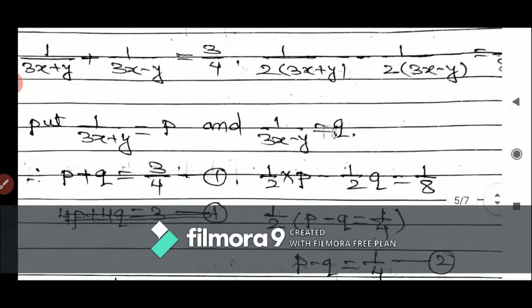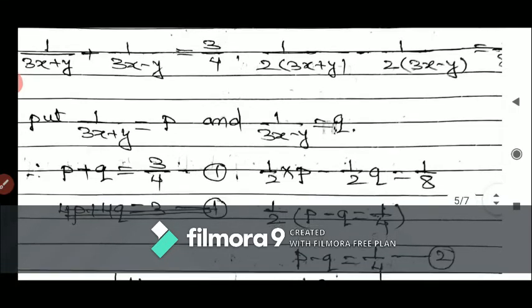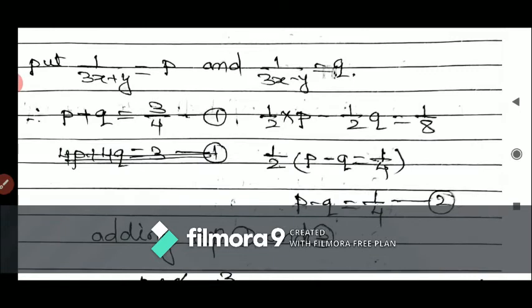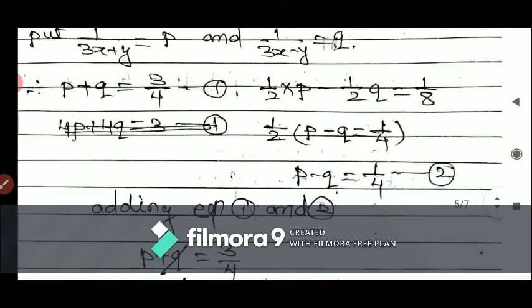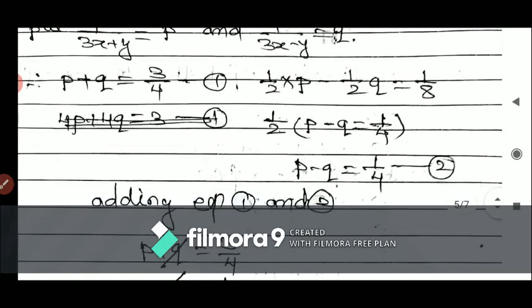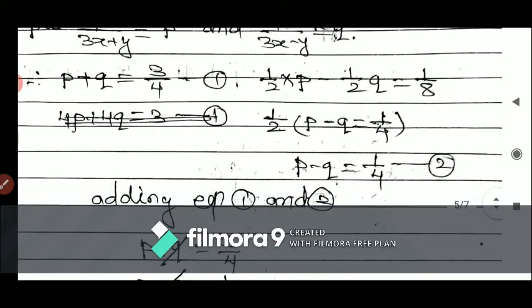Similarly, 1 by 2 into 1 by 3x plus y, the value of which is p, minus 1 by 2 into q is equal to 1 by 8. We take the common 1 by 2, that means we multiply each side by 2, then we get p minus q is equal to 1 by 4. Give this equation number 2. Now from equations 1 and 2 we see that the coefficients of variable q are equal and opposite, and also p are equal.